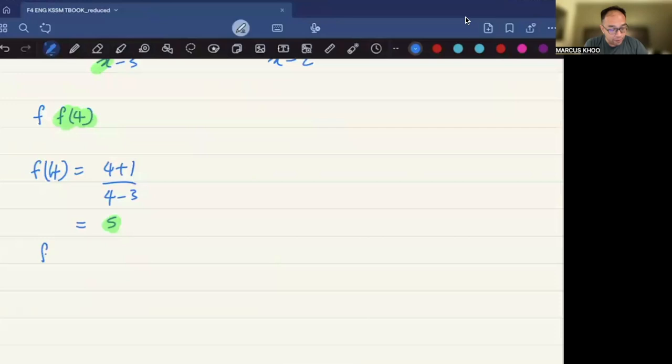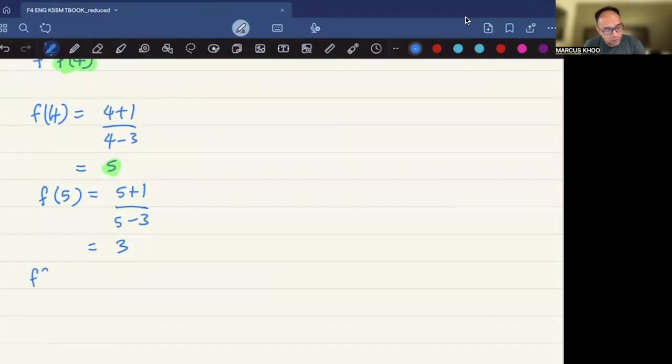Therefore f5, which is the second time that we're doing the f function, is 5 plus 1 over 5 minus 3. This will give you 3. 6 divided by 2 is 3. Therefore, f squared 4 equals 3 is the answer that you're looking for. The first function into the second function. That's what we want.